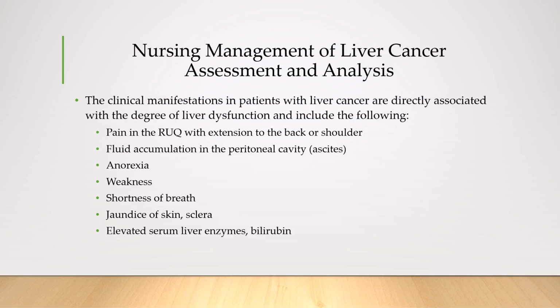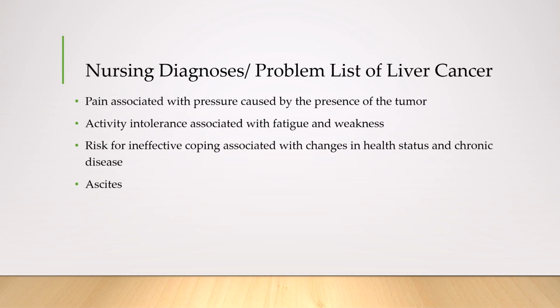The clinical manifestations in patients with liver cancer are directly associated with the degree of liver dysfunction and will include the following: pain in the right upper quadrant with extension to the back or the shoulder, fluid accumulation in the peritoneal cavity, we call this ascites, anorexia, loss of appetite, weakness, shortness of breath, jaundice of the skin or the sclera, elevated serum liver enzymes, and an elevated bilirubin.